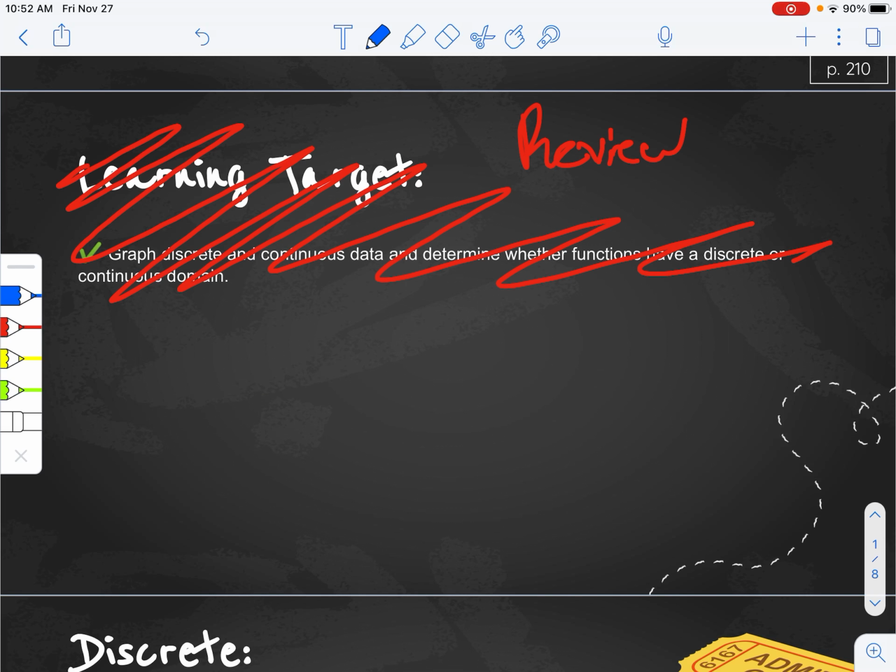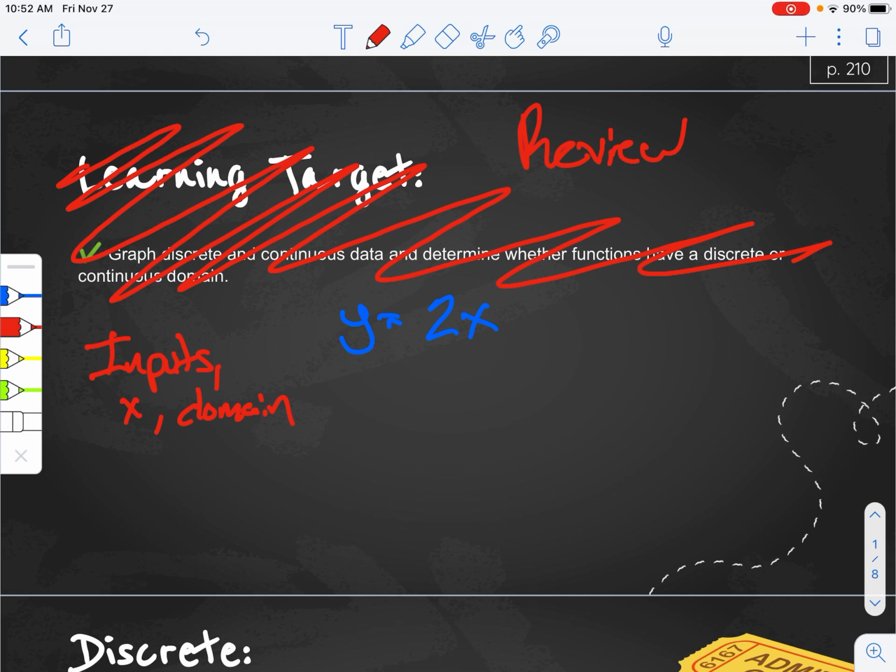So in 5.1, we talked about how we have functions, and let's say our function is y equals 2x. And then we introduced that we have inputs, and we call those inputs our x values, or our domain.